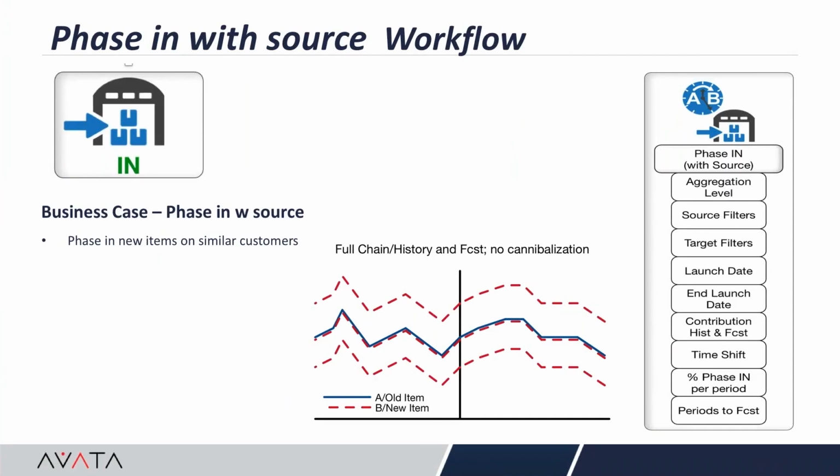In this case, what we're expecting is that we're going to get some new combinations on similar customers. The background here is that we can potentially choose any aggregated level, which in our case will be the item and customer site level or group of customers, and we'll leverage a neat functionality, which is the existing customer functionality, where a new item would follow the same population of customers that the chain source item has.